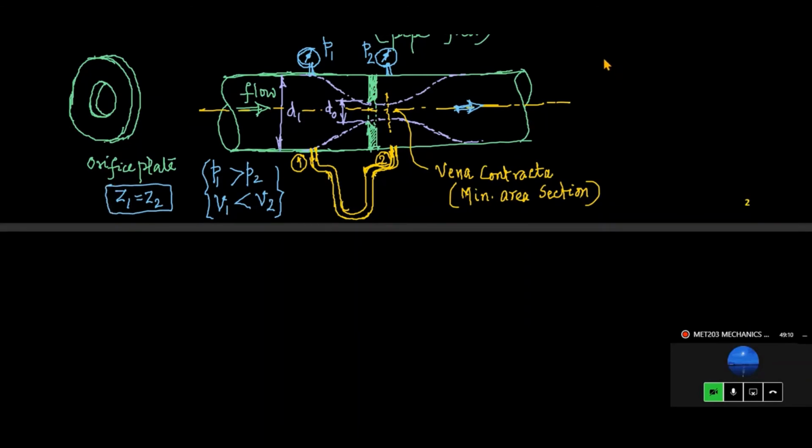And remember, what is the basic equation? H in this case, since Z1 is equal to Z2, is simply P1 minus P2 divided by rho g itself. Okay, provided, remember, Z1 is equal to Z2, as we explained earlier.